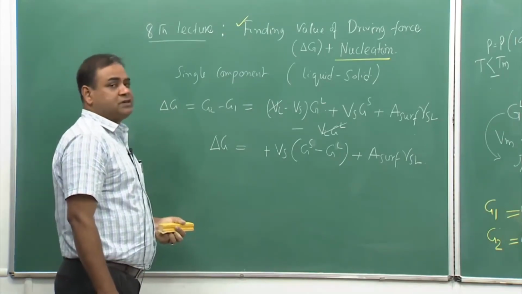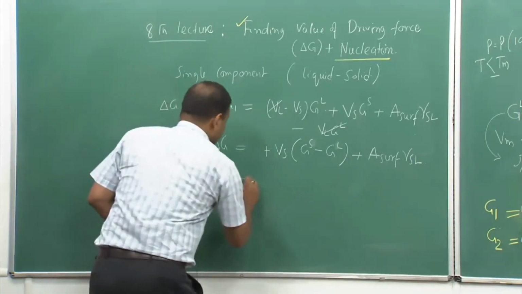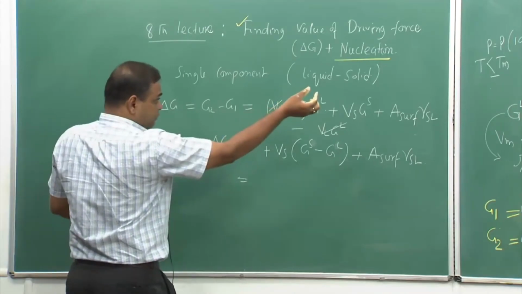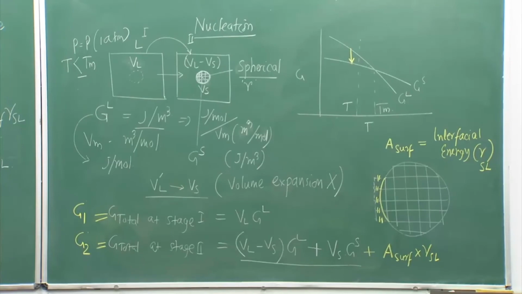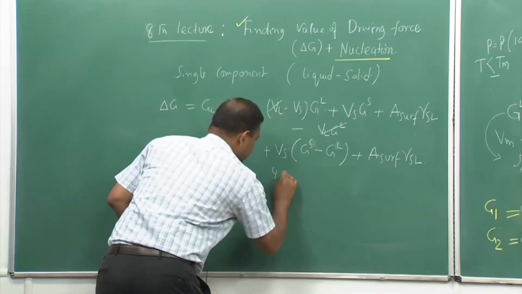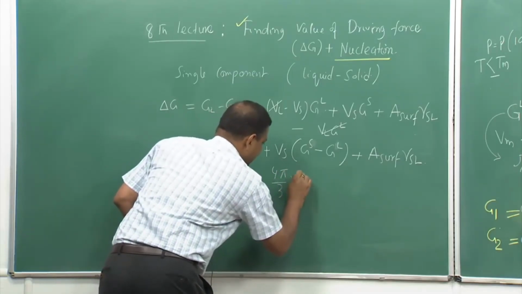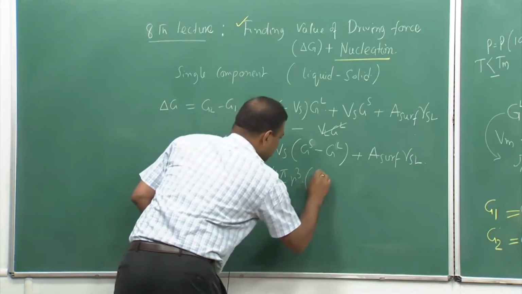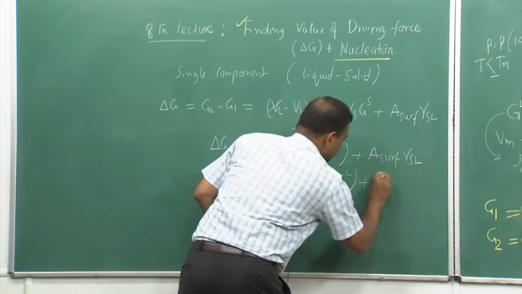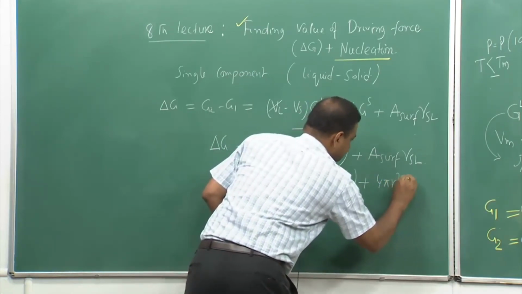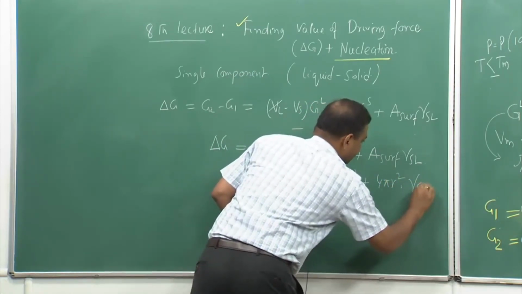Now, if we consider a spherical solid particle forming in the liquid, this would be 4 pi by 3 R cube (Gs minus GL) plus 4 pi R square gamma SL.